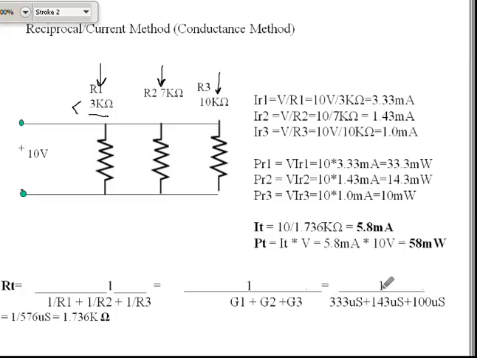And you'll see, 1 over 333 microsiemens plus 143 microsiemens plus 100 microsiemens. Total is 1 over 576 microsiemens, or the total resistance for this circuit comes to 1.736 k ohms.